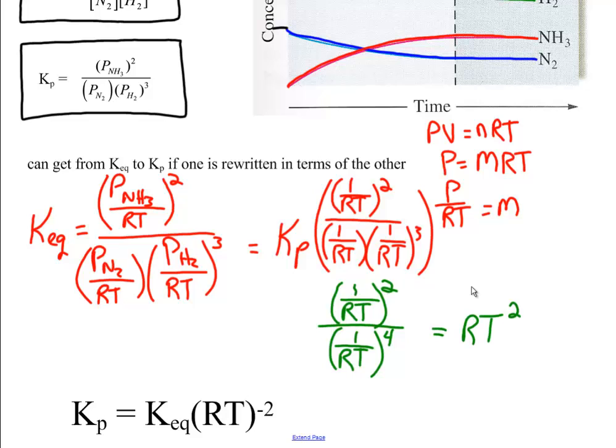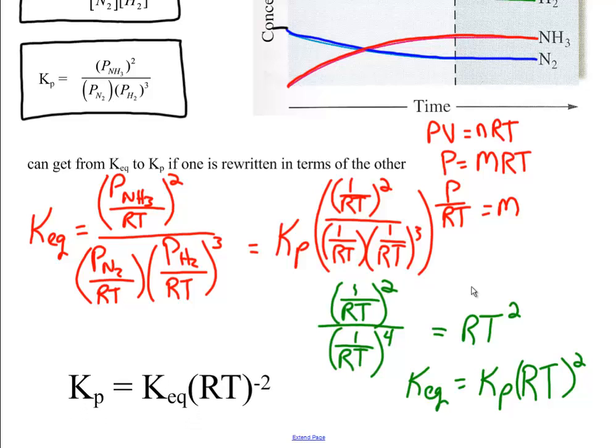So what I have then is Kc equals Kp times (RT) squared. If I write it in terms of Kp, then I just rewrite it. And since I'm going to divide both sides by RT squared, I can write RT to the negative 2. It's the same as dividing by RT quantity squared.